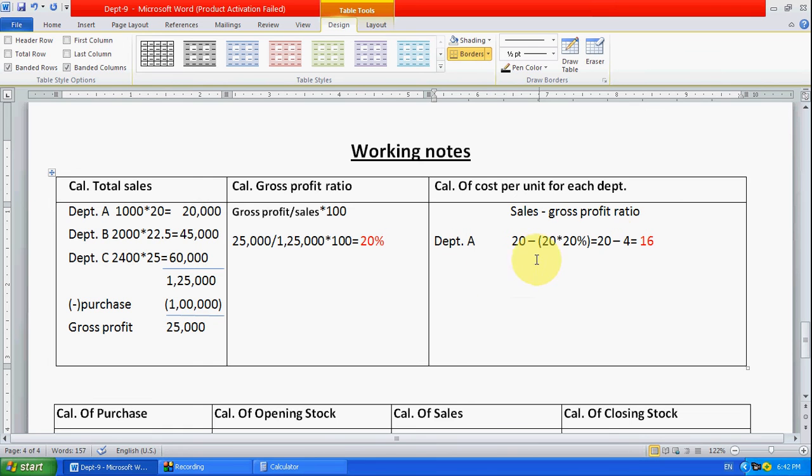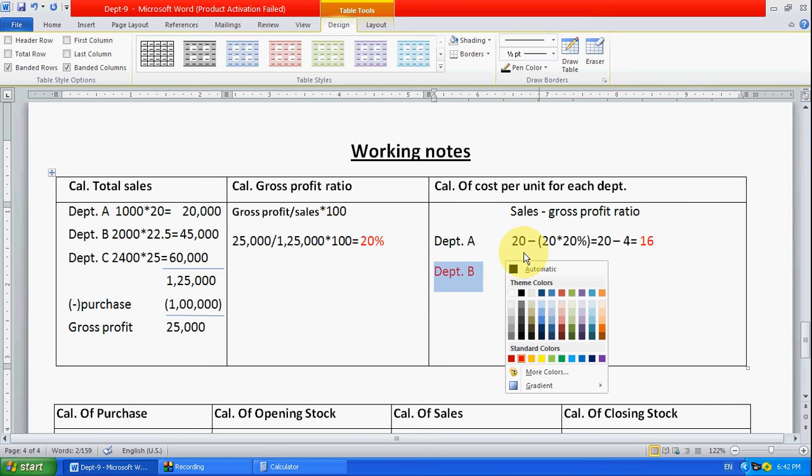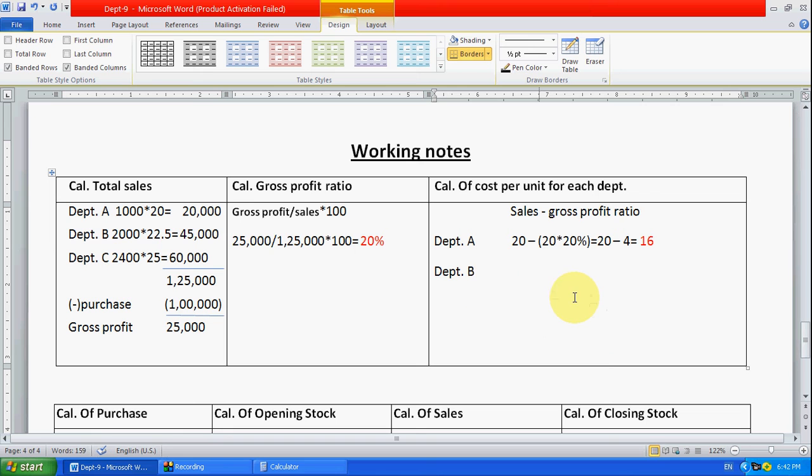Now for the second department, department B. See how much, 22.5.